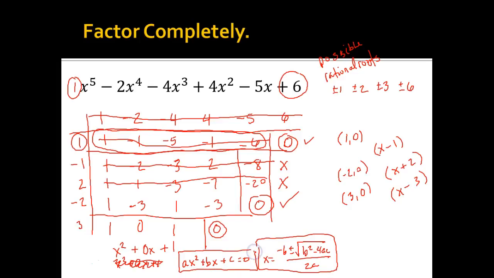It's a quadratic that has an x squared. And then you identify the 3 coefficients, a, b, and c, and you plug those into that formula where the a's and the b's and the c's are, and we'll get our answers. And it's always going to be 2 answers. That's why we have a plus or minus. We do it once with the plus, and then we do it once with the minus. And that always gives us our last 2 roots, our last 2 factors.